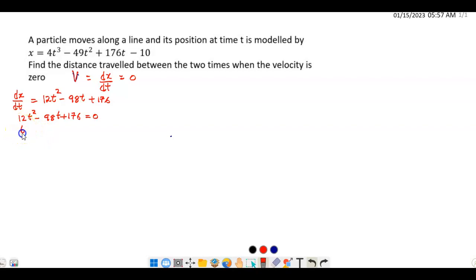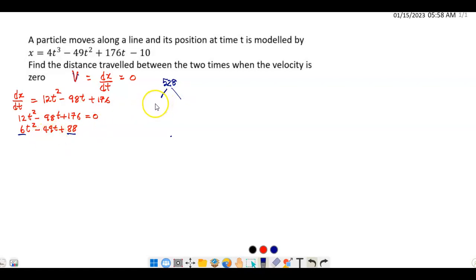So we would have 6t squared minus 49t plus 88. I'm going to help those people who struggle to factorize these equations. Let's multiply 6 times 88, and what we get is 528. We want the factors of 528 that add together to give 49.